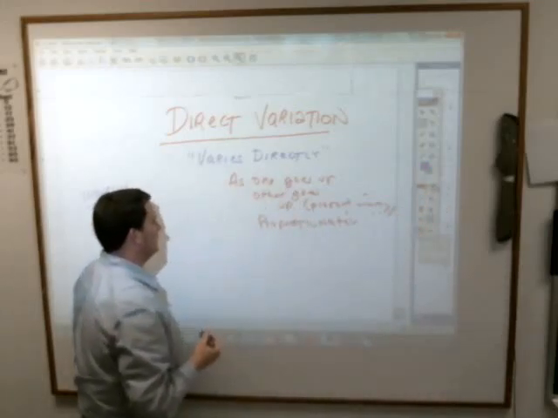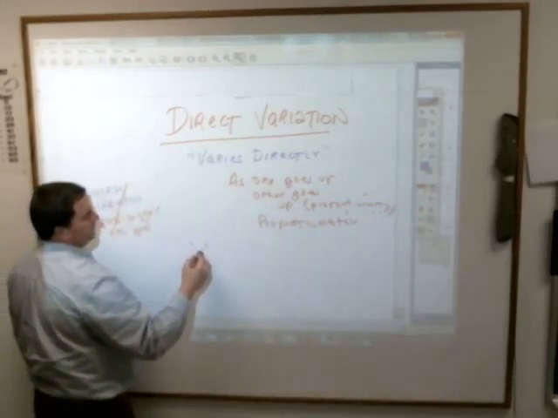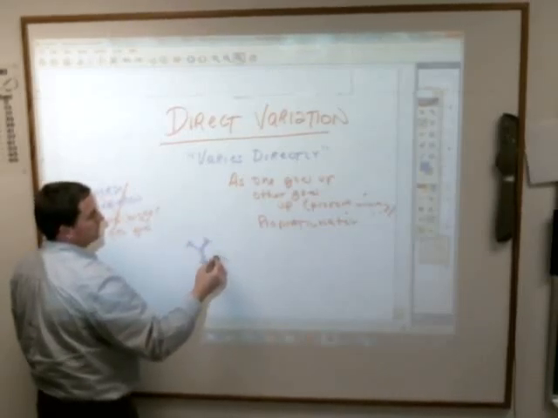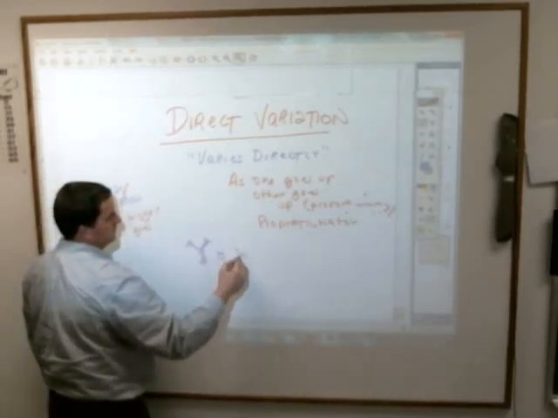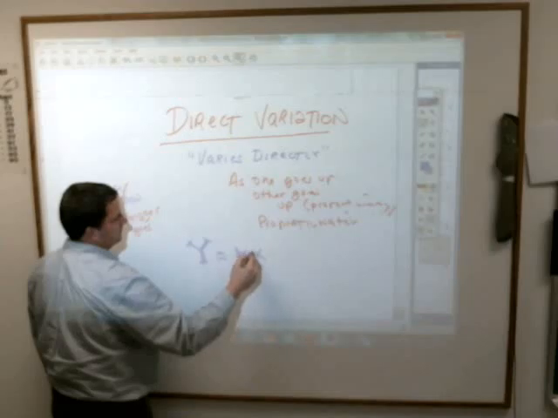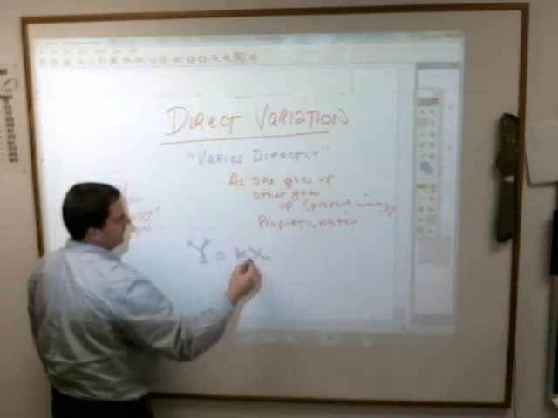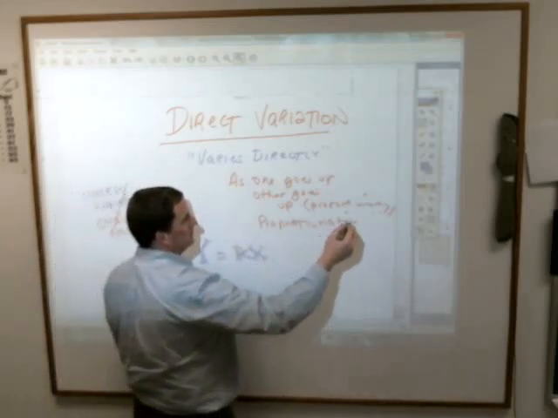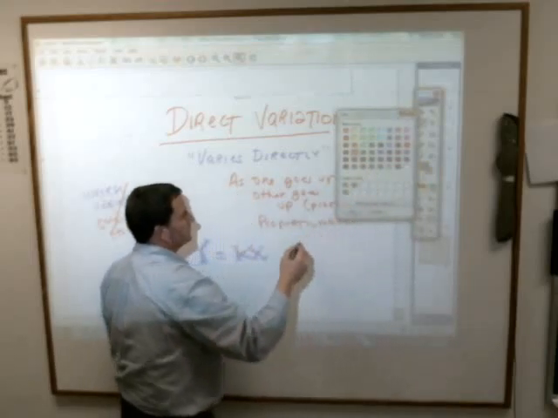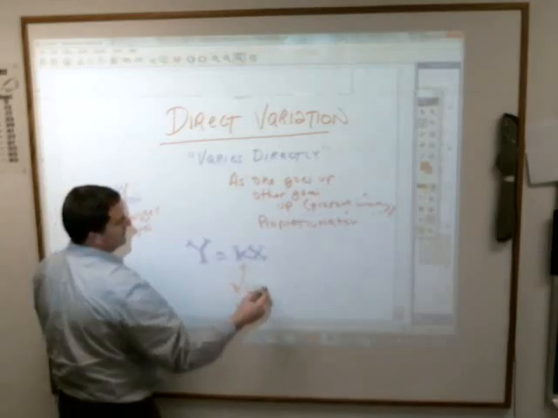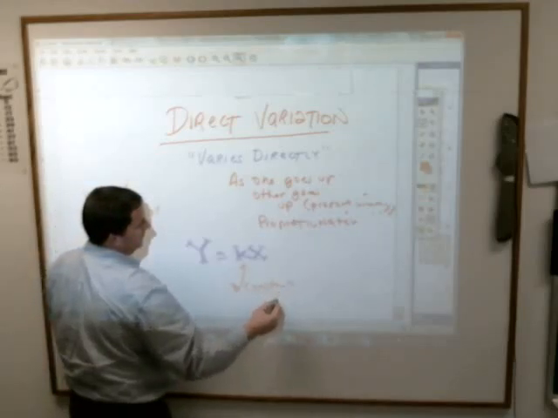When you talk about direct variation, this is the formula the book throws at you: y equals k times x, where the letter k is what's called your constant of variation.